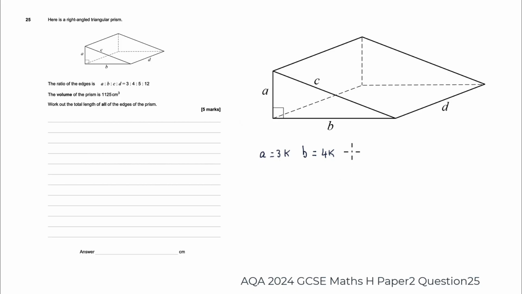And of course C would be 5k and D would be 12k. If we replaced k by 1, we'd get 3, 4, 5 and 12. But we could double that size by replacing k by 2 and get 6, 8, 10 and 24, and so on. So the value of k could be anything you like. That'll keep these ratios correct. So that's all that we can say about these sides.